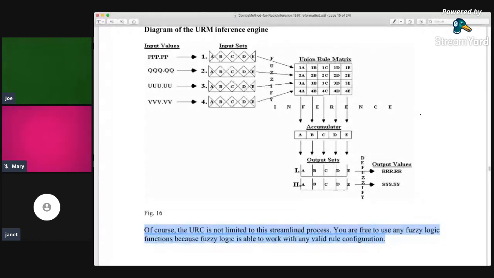Now the kind of thing in my head is, could you actually decompose the Bayesian logic into a union rule, because it is an intersection rule, isn't it? Okay, so yeah, something else to throw into the mix.